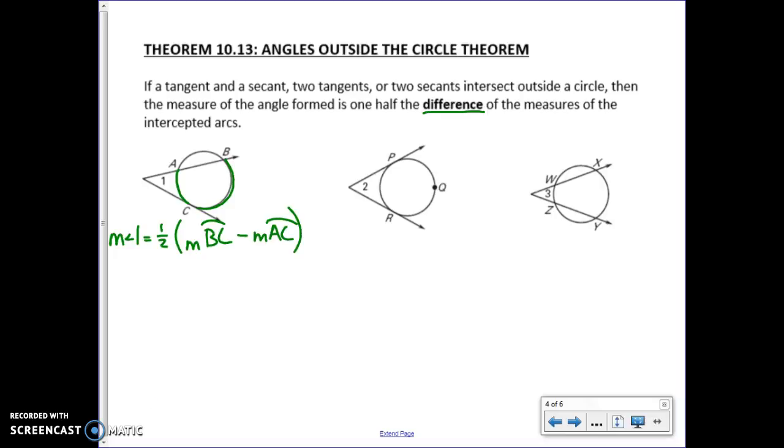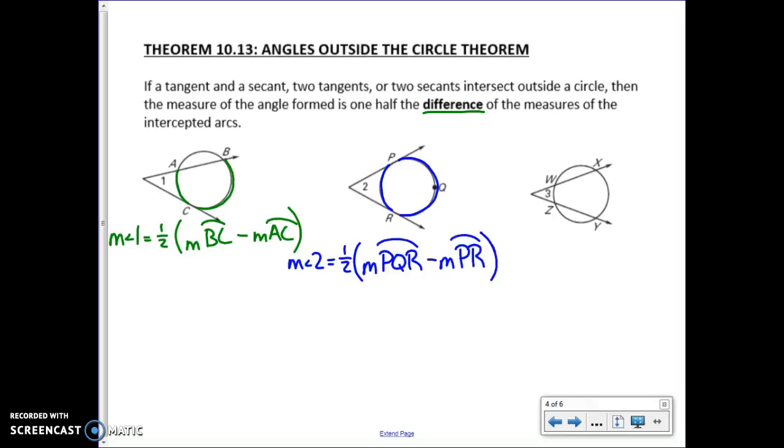Looking at this middle one where we have two tangents, I have the measure of angle 2 is equal to 1/2. And I'm going to subtract the measure of PQR minus the measure of PR.